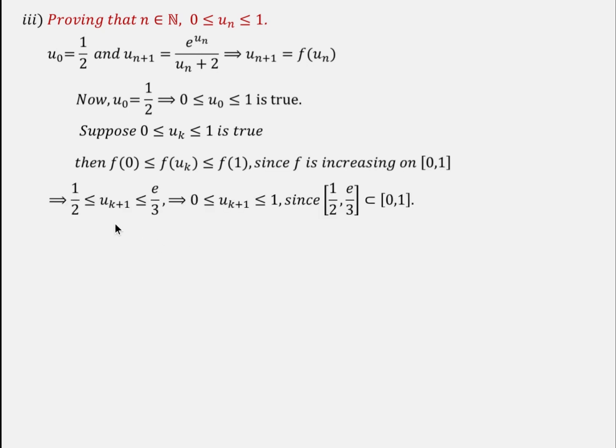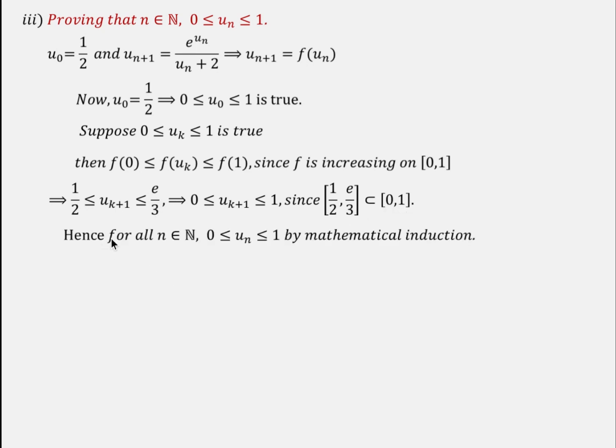Proceeding, then we would have that f of 0, which is half, is less than or equal to uk plus 1, because f of uk is equal to uk plus 1, following the fact that un plus 1 is equal to f of un, and that is less than or equal to e over 3, so that 0 is clearly less than or equal to uk plus 1 less than or equal to 1, since the interval half to e over 3 belongs to the interval 0 to 1.